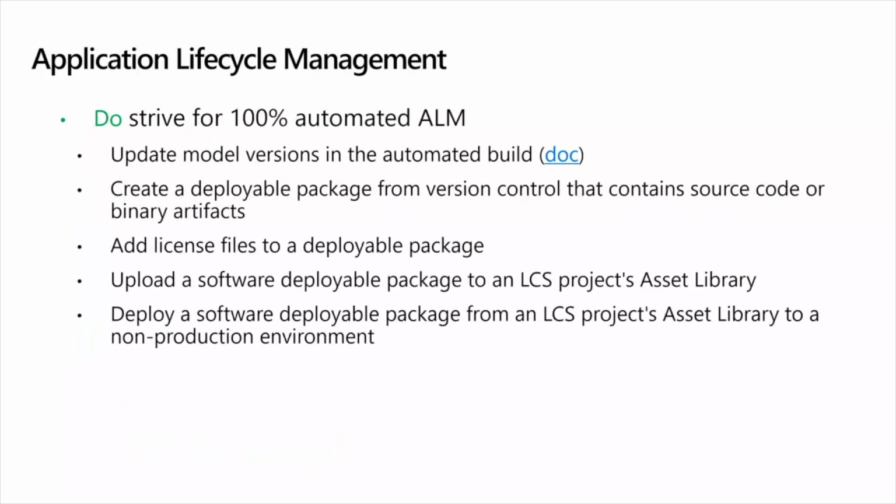Do strive for 100% automated ALM. We've come a long way in this aspect, and there are automated steps in DevOps to update the model versions, to create a deployable package, to add a license file to a deployable package, to upload the deployable package to an asset library, and to deploy the deployable package to non-production environments.